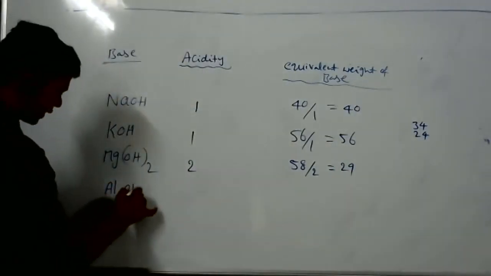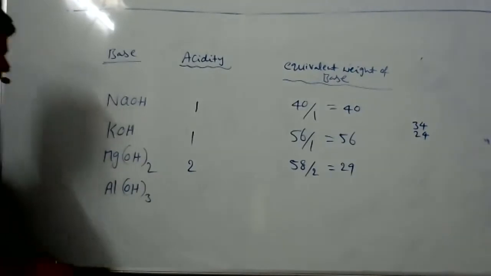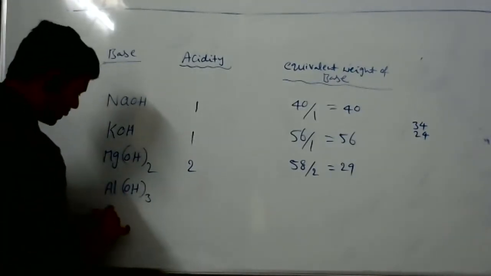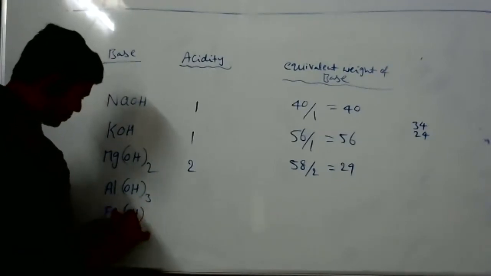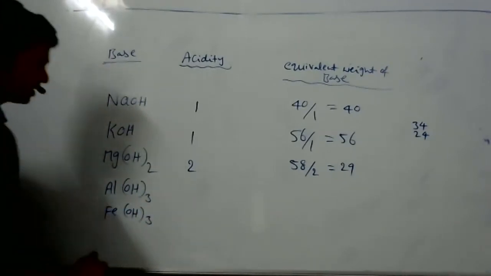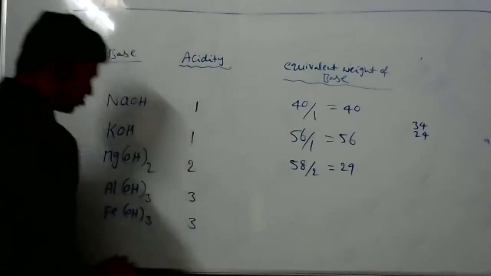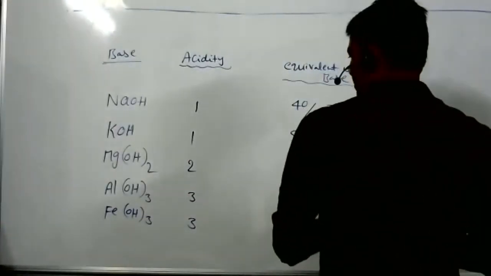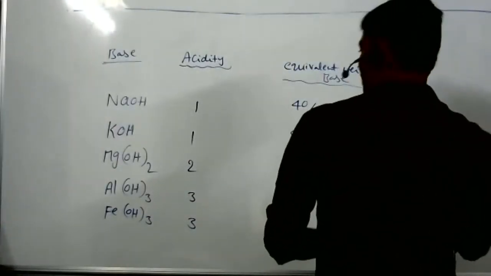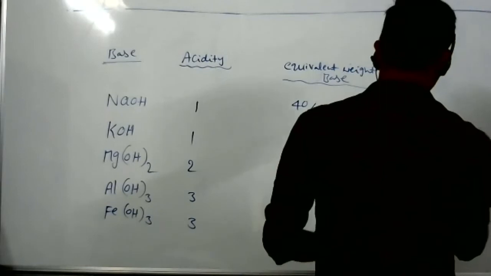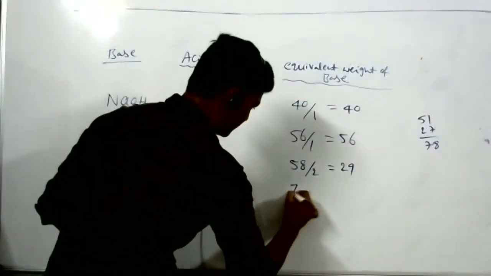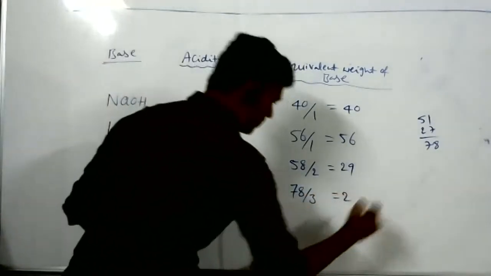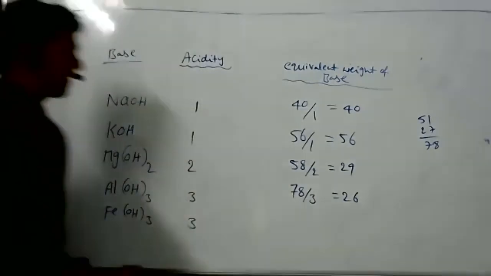Next, aluminum hydroxide. It is able to give 3 OH minus ions in aqueous solution. Ferric hydroxide also gives 3 OH minus ions. So acidity is 3 here also. Mass of aluminum hydroxide: 3 OH groups is 51 plus aluminum 27, so 78. 78 divided by 3 is 26.